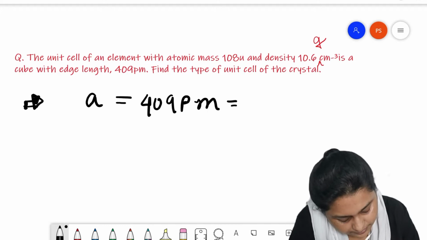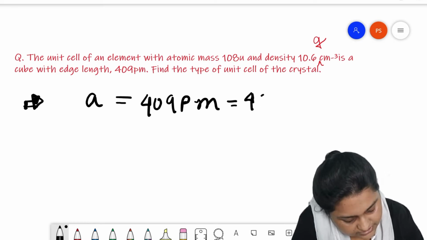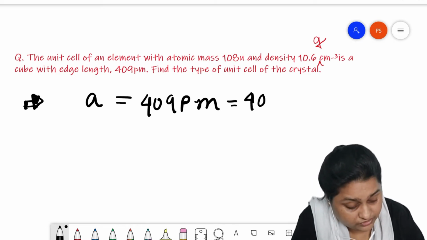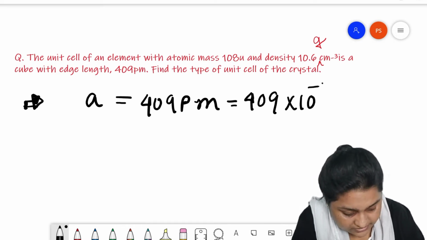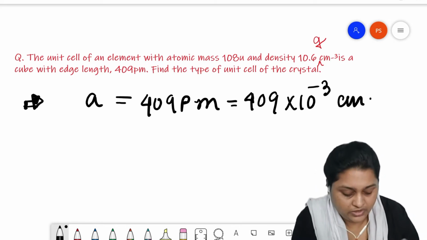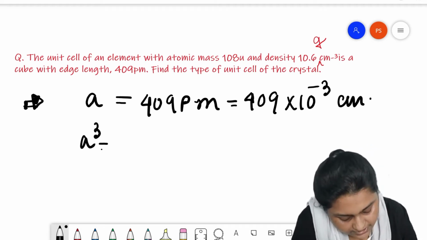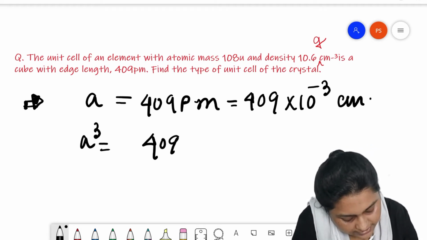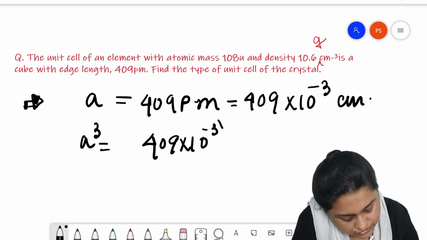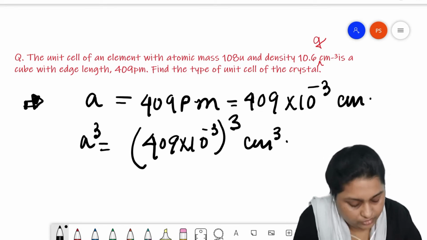If we multiply by 10 to the power minus 10, we will get the edge length value in centimeter. So the volume a cube is going to be 409 into 10 to the power minus 10 whole cube.